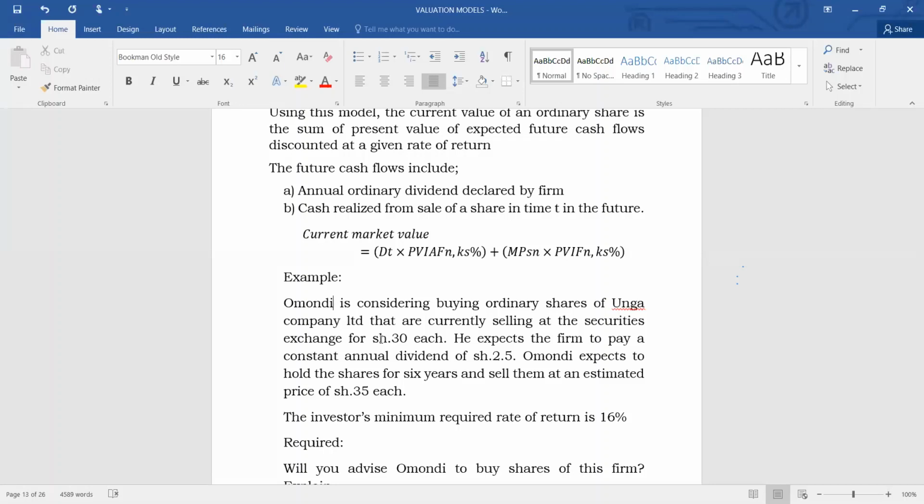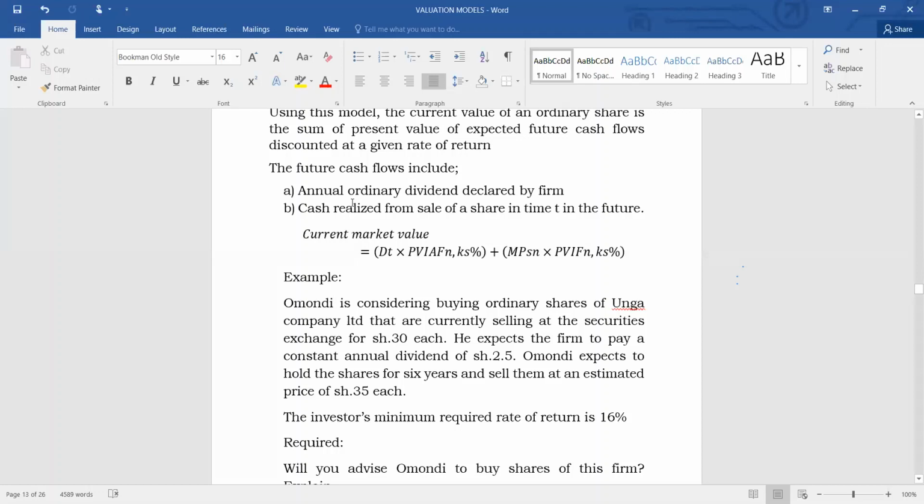So when I talk about a dividend policy adopted by the firm, I know that you are conversant with those policies: constant payout ratio, stable, predictable policy, residual dividend policy, and so forth. That influences how much dividend is payable to the shareholders. So one of the future cash flows we have to worry about is dividend payable to the ordinary shareholders.